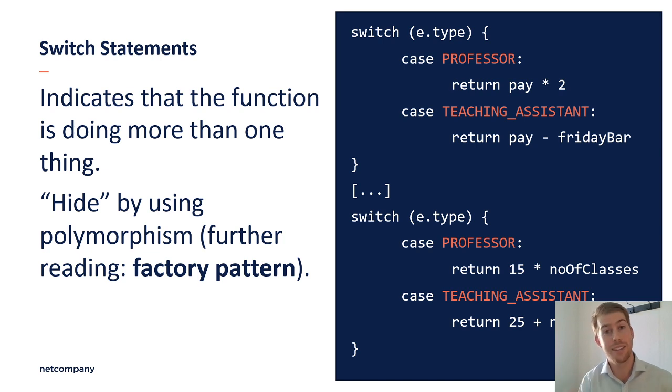And every time we extend the functionality with a new type, we'll have to change that 40 times. So instead, you want to use an abstract class and then subclasses from that. For instance, one class would be professor, one class would be teaching assistant, which both inherit from employee type, and then you can have the individual behavior in there. Again, if you don't know it, read on the factory pattern, and I hope it'll give you a bit more understanding of what this is.